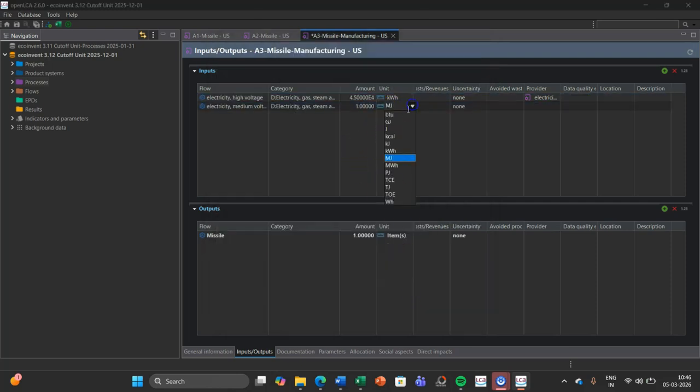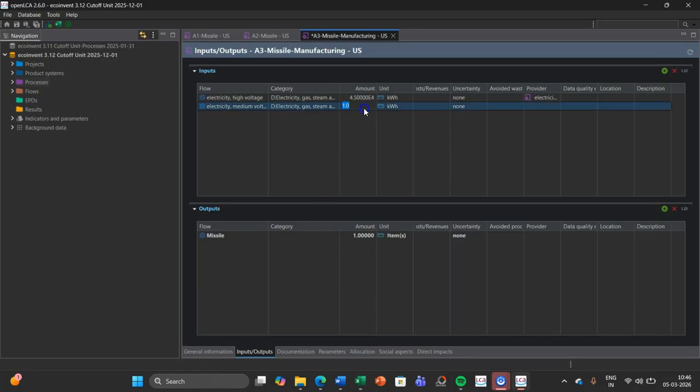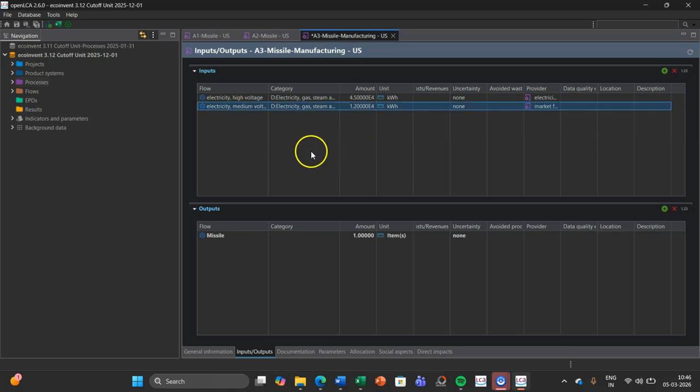Okay, what's the number? 12,000 kilowatt hour. Provider. Okay, only Switzerland is available. Okay, but it's market for electricity, so it would consider all the renewable stuff, not only the solar, right?